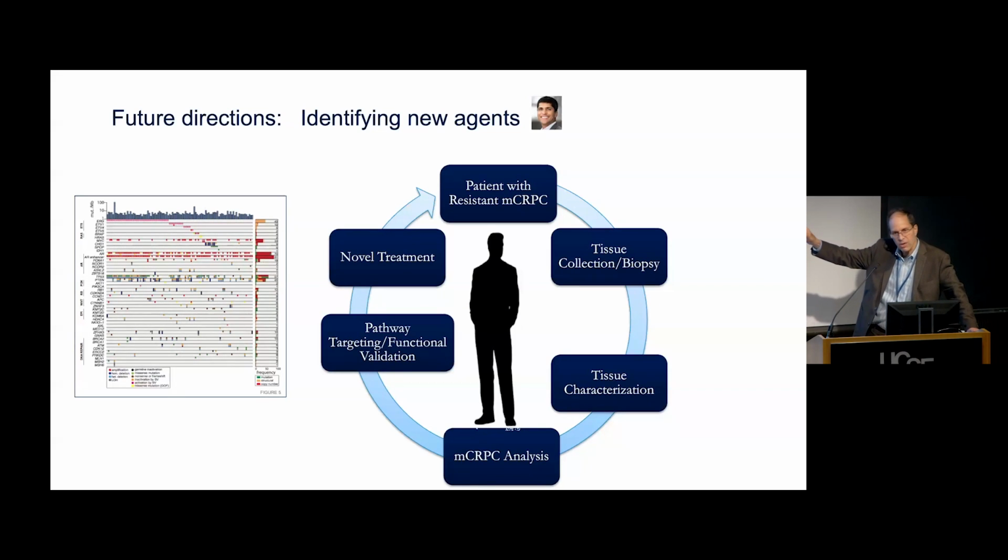Based on that, we develop novel treatments. We talked a little bit about targeting genetic mutations like BRCA, but also going after surface molecules like PSMA. Bringing that back to the patient, eventually, if there's resistance, we're going to biopsy those and learn from those. This iterative process is what keeps the field moving forward and keeps us one step ahead.